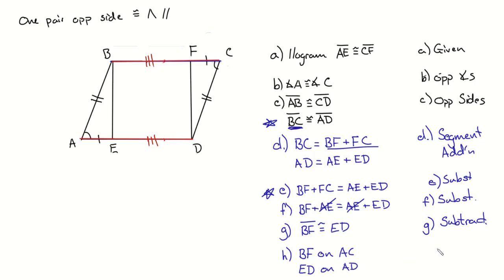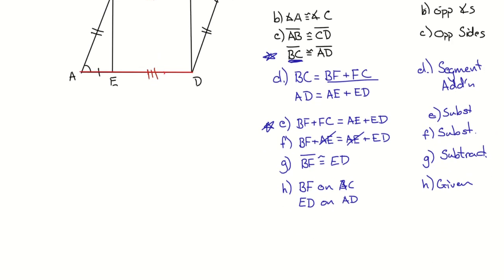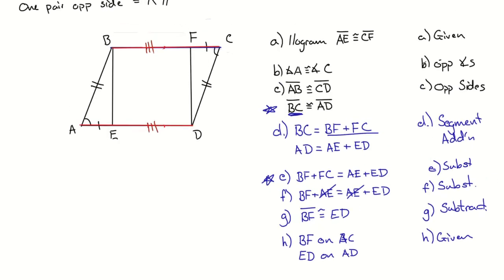What do we know about BF or BC? Sorry, that's supposed to be a B. What do we know about BC and AD? Opposite sides of a parallelogram. So I'm going to sink this in as a given statement. They're congruent. Anything else we know about them? They're certainly congruent, but there's one more important part. They're parallel.